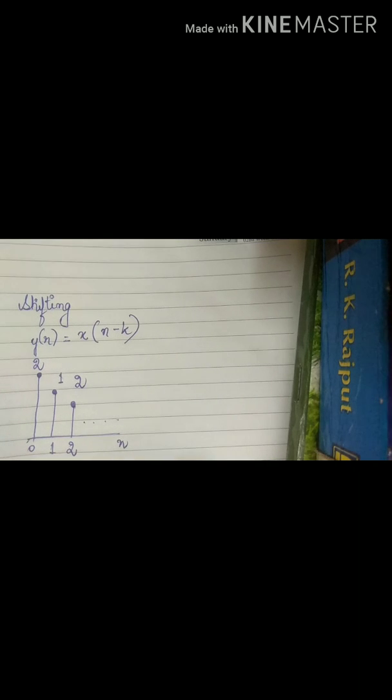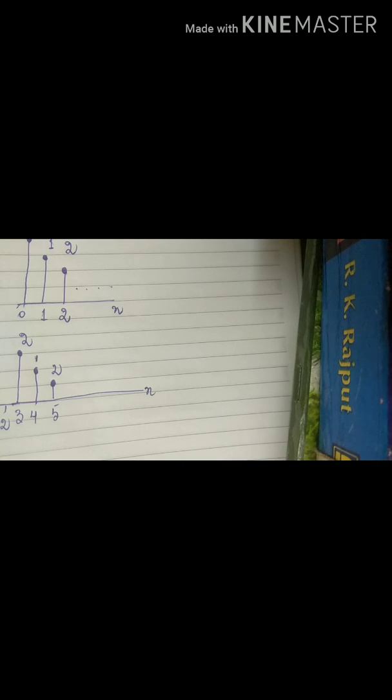A delayed version of this will be, instead of starting at the instant n equal to 0, this signal may start at, let us say, n equal to 3.